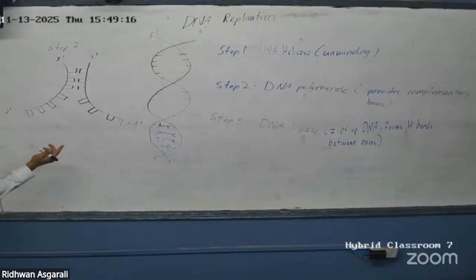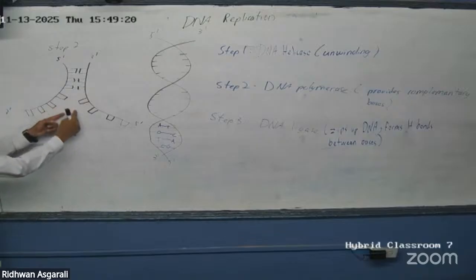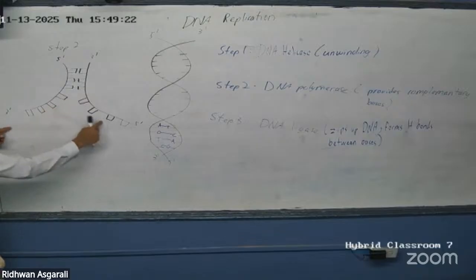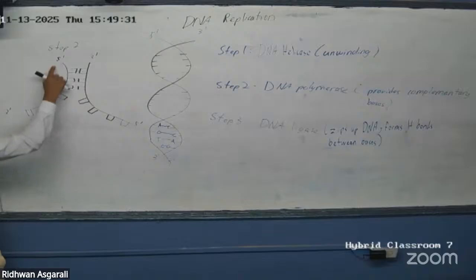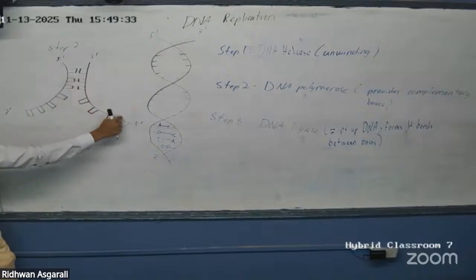So what will happen is DNA polymerase is going to come in. These bases are exposed. What DNA polymerase is going to do is bring in the complementary bases and attach them. Remember, these two are the original strands.